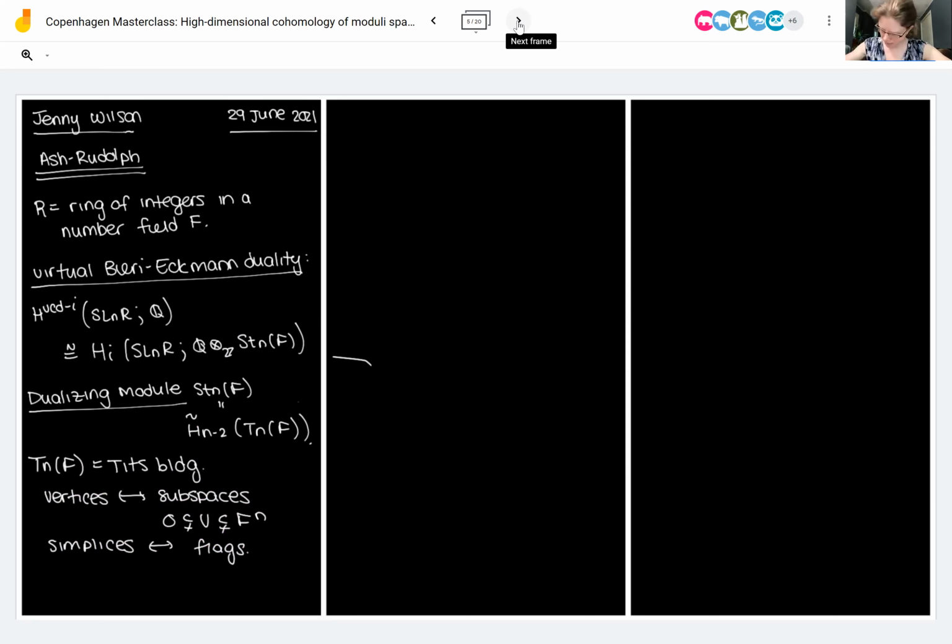And so the theorem of Solomon and Tits says that this Tits building is homotopy equivalent to a wedge of spheres in dimension n-2.